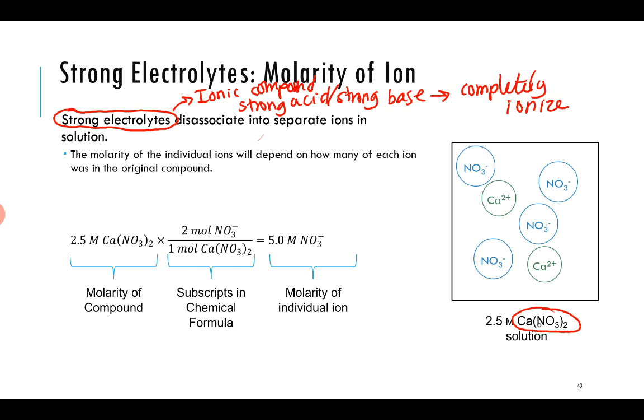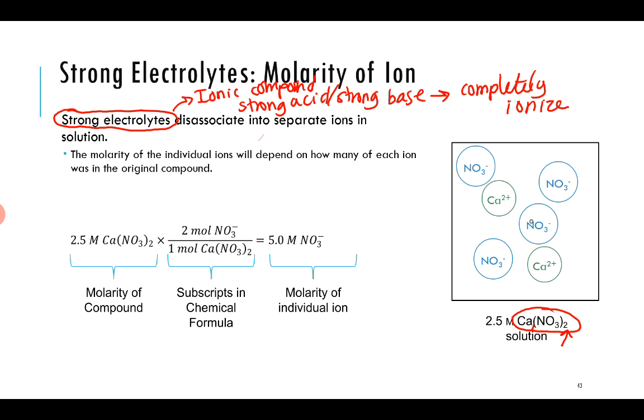This is a calcium nitrate solution. Based on the chemical formula, the subscript for calcium is 1 and the subscript for nitrate is 2. When this splits apart in solution, for every 1 calcium I make, I'm going to have 2 nitrates. So in this box, since I have 2 calcium, I have to have twice as many nitrates, so I have 4 nitrates in the box.